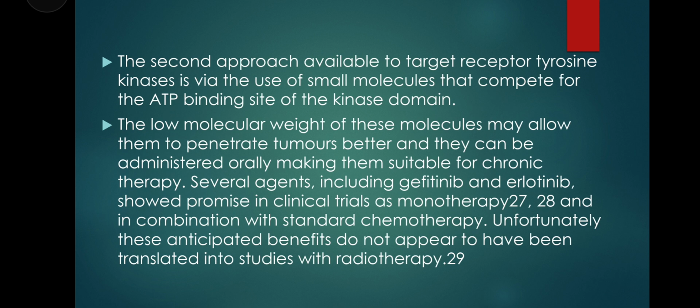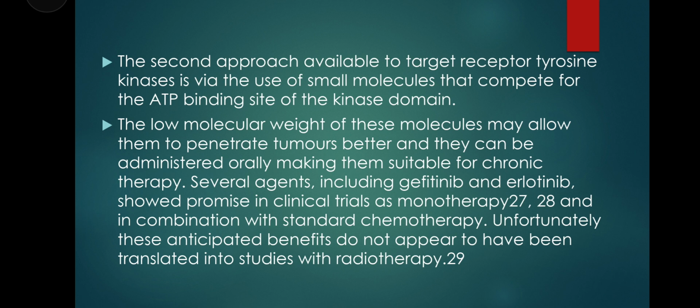The second approach available to target receptor tyrosine kinases is via the use of small molecules that compete for the ATP binding site of this kinase domain. The low molecular weight of these molecules may allow them to penetrate tumors better, and they can be administered orally, making them suitable for chronic therapy.